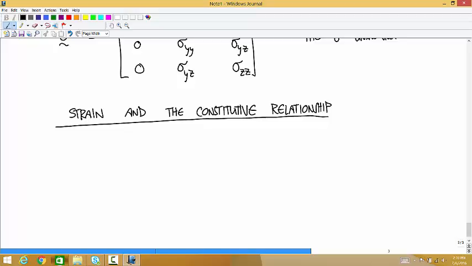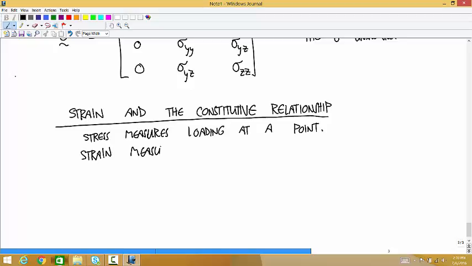So when I say the constitutive relationship, I'm talking about how to use Hooke's law for solids. Remember that stress is a measure of loading. It measures the loading at a point. Strain measures the local deformation at a point.